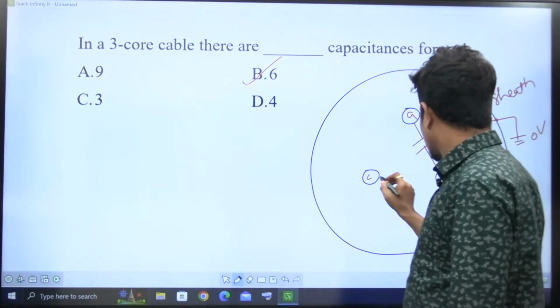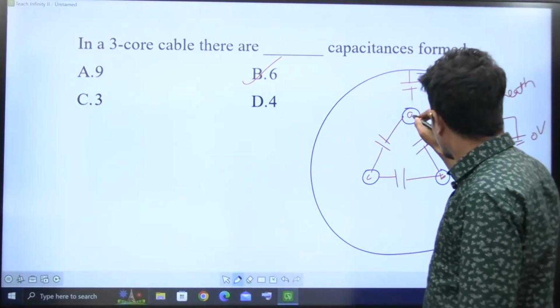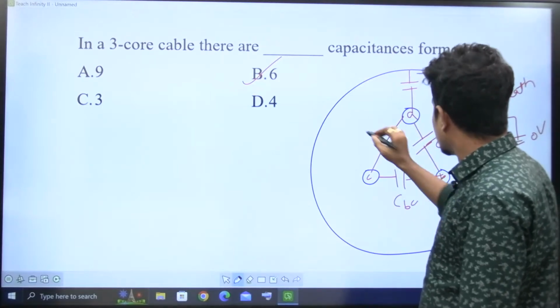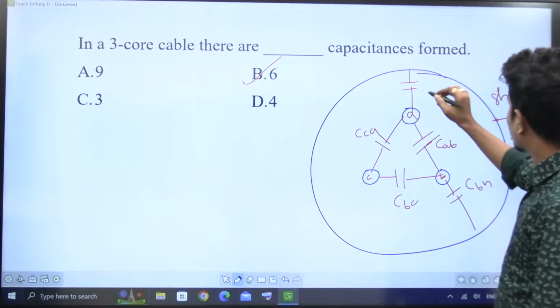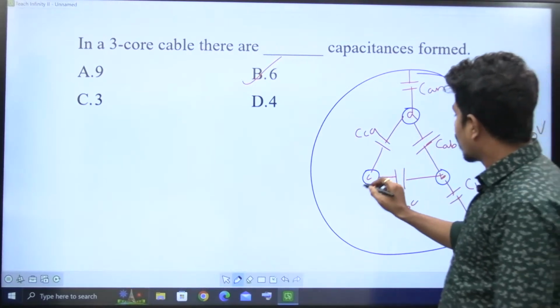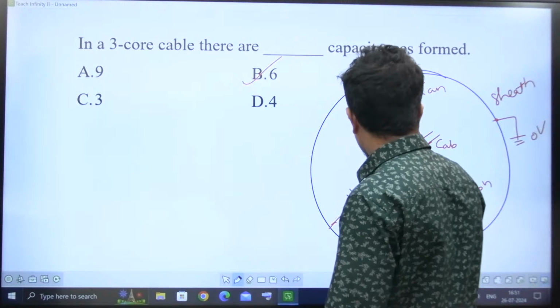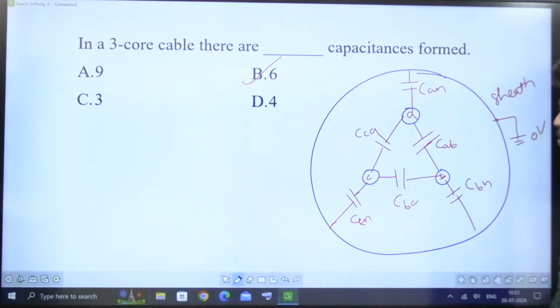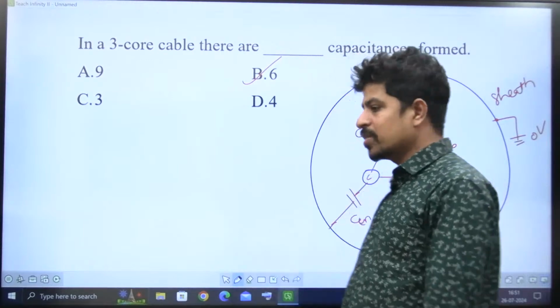Here also capacitance will form. This is CBC, CCA, this we call CBN, this is CAN, and this is CCN. So 1, 2, 3, 4, 5, 6, total 6 capacitances are formed. That's all. That much easy it is.